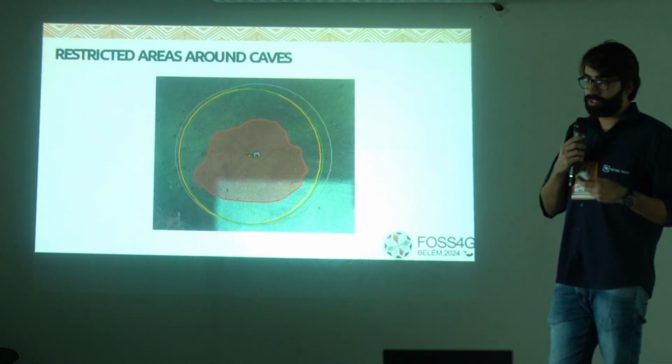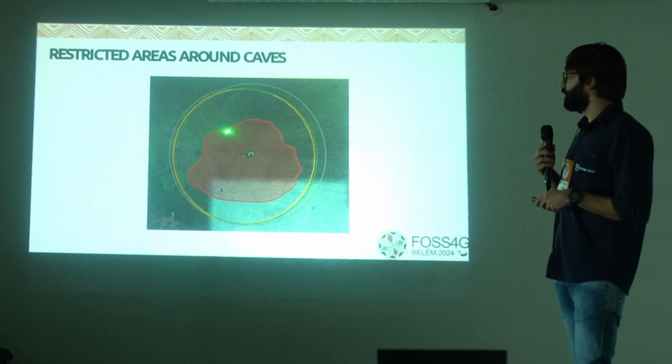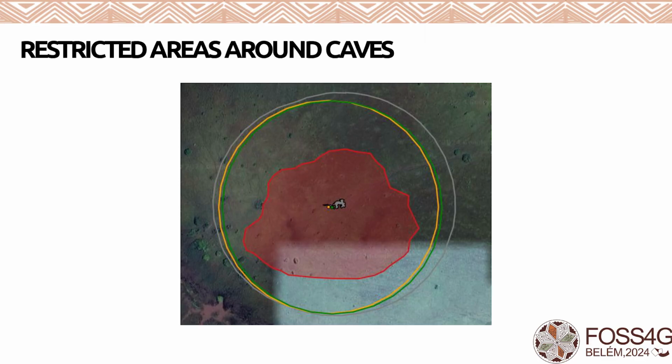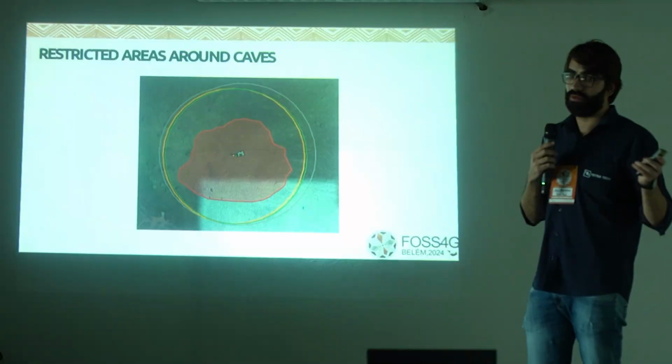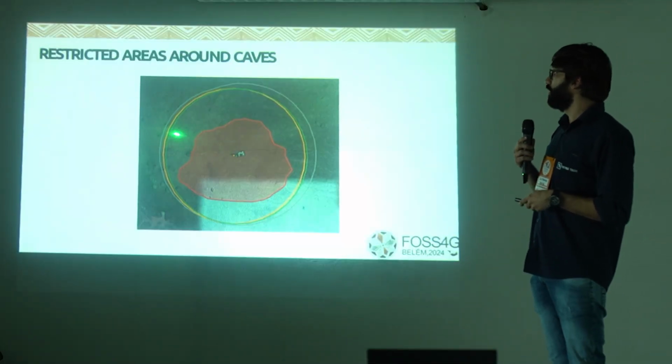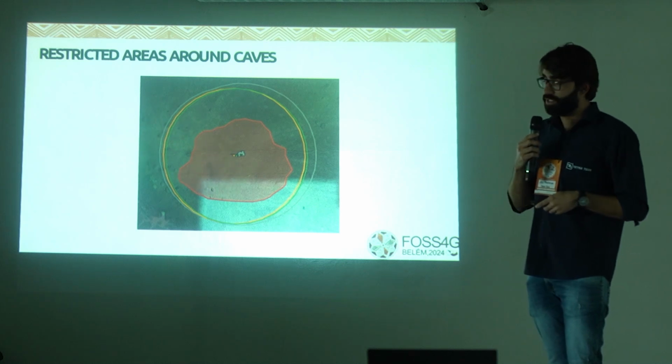Do you guys remember I mentioned the 250 meters? It is those regions, like buffered here. So for each one, it is good to know what the extension around the cave is that you need to be protecting until you reach all these studies and can then define a specific region.